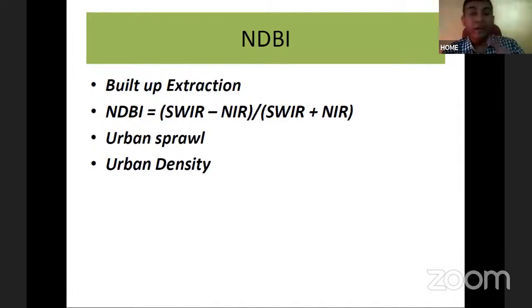On the other hand, you can also recall, if you just reverse the question pattern, if I ask which band is used for getting the maximum information of vegetation, so you can say near infrared. Which band is used for minimum information of built up area, so it will be again near infrared. Okay, so minimum information and maximum information. कौन से बैंड में सबसे ज्यादा built up information मिलेगा, वो है short wave infrared.